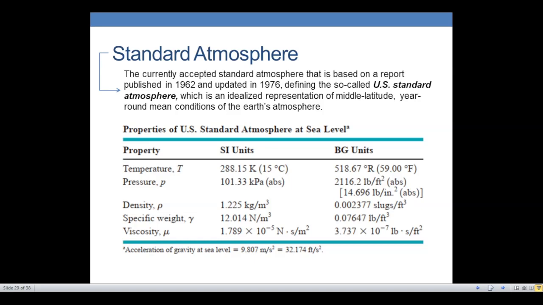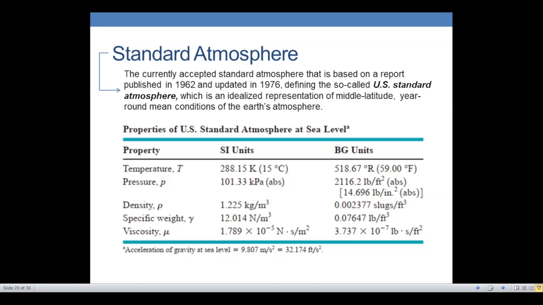And the density of air at sea level is 1.225 kilogram per cubic meter. The specific weight is 12.014 Newton per cubic meter. And the viscosity is 1.789 times 10 to the negative 5 Newton second per square meter.